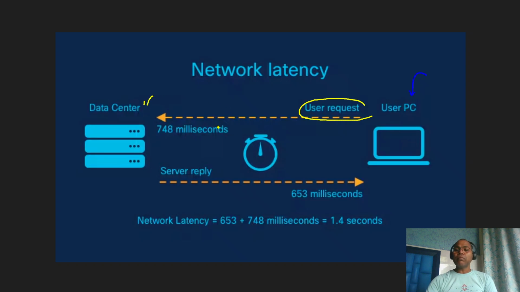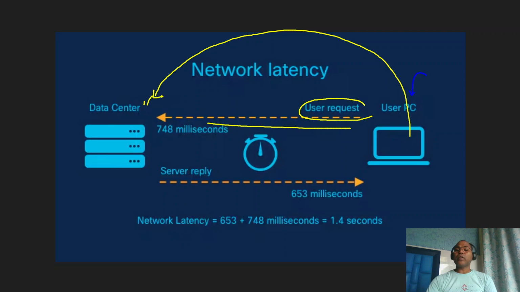There are some milliseconds or microseconds required for the request to reach our application server or data center, and then reading and processing data as per the customer requirement takes some time. Our data center and application server also take some time.